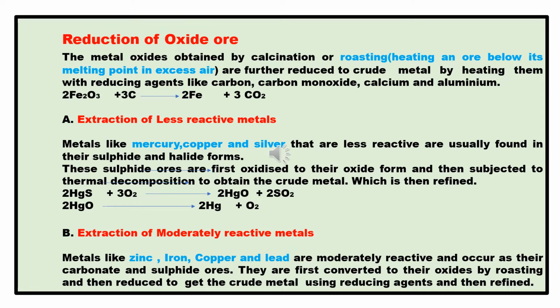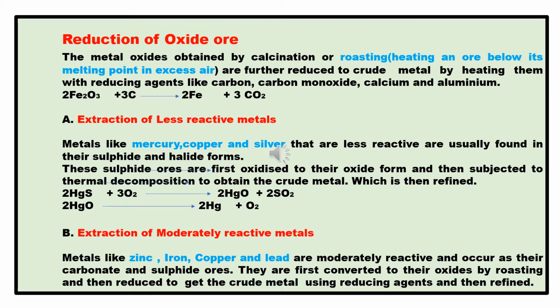Metals like zinc, iron, copper and lead. Copper can be called a less reactive as well as a moderately reactive metal. Metals like zinc, iron, copper and lead are moderately reactive and occur as their carbonate and sulfide ores.